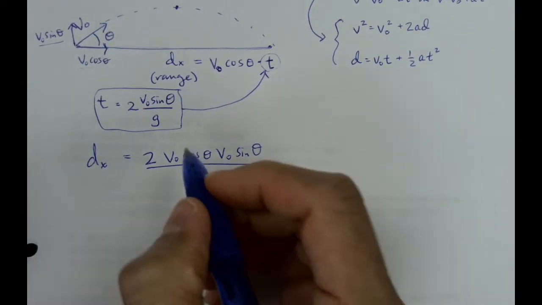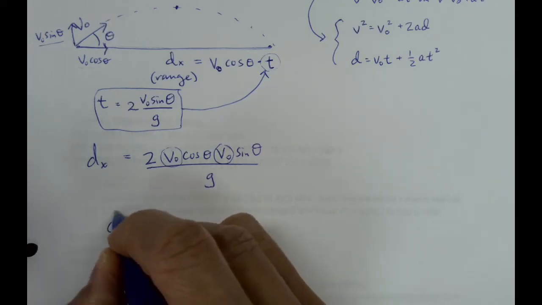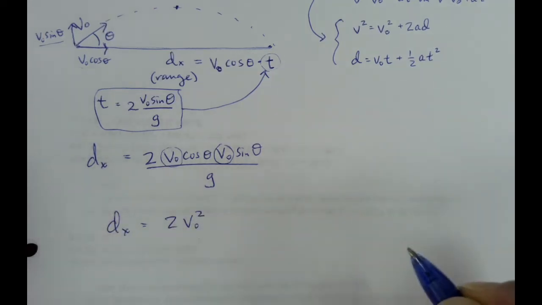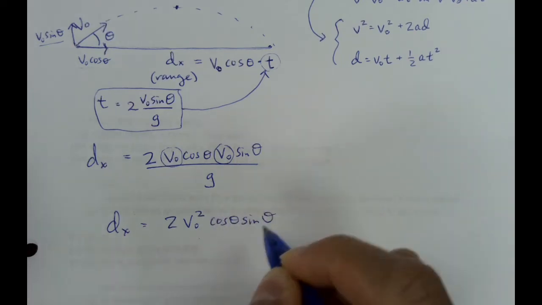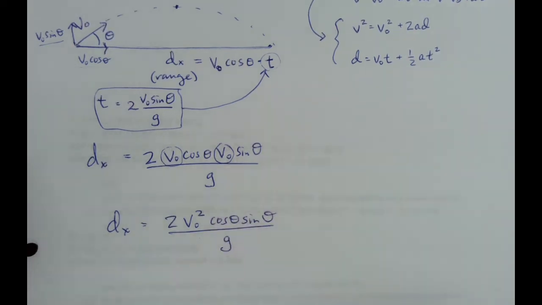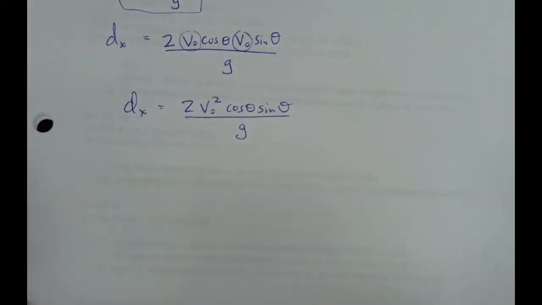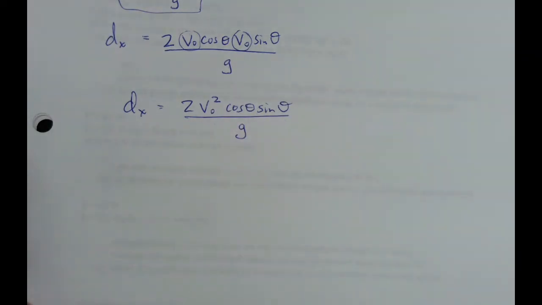Alright, so we will take our v naughts and put those together. So our range is equal to 2 v naught squared cosine theta sine theta over g. And you could leave this as that when it comes to a range formula.